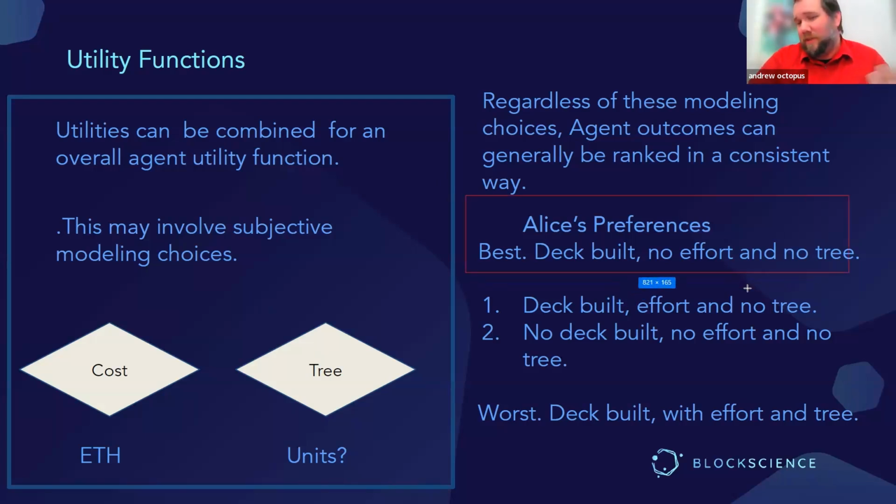Without her having to do anything, the tree gets sick and dies, and then she can build her deck. The worst outcome would be that she goes to the effort of poisoning the tree and builds the deck, and the tree still survives and her view is ruined, because this costs her the most and gives her the least desirable outcome. And then there are far more options that could be put here. I just put a sample ranking of the different considerations, from most desired to least desired outcomes.